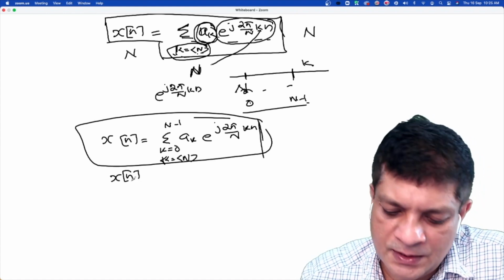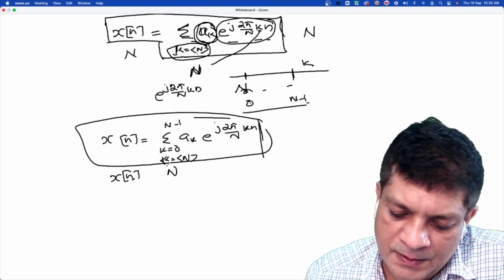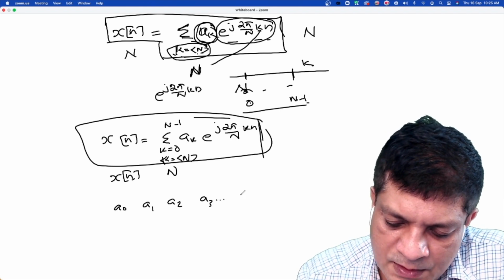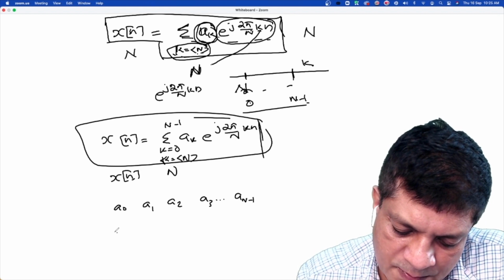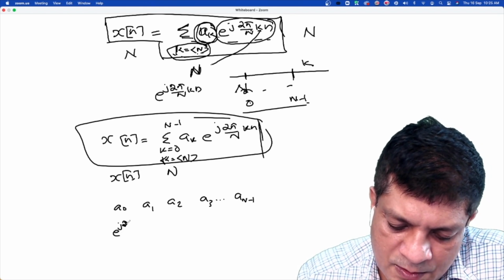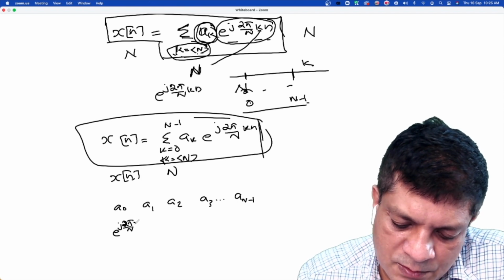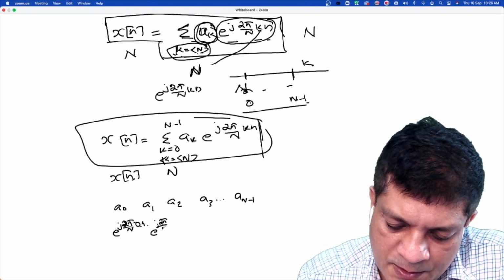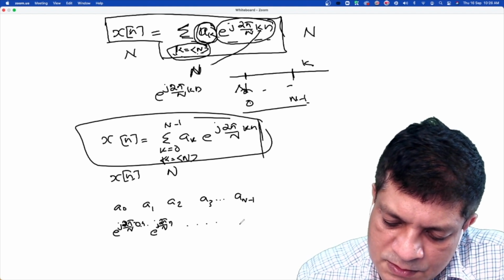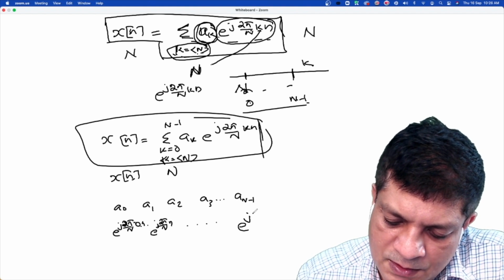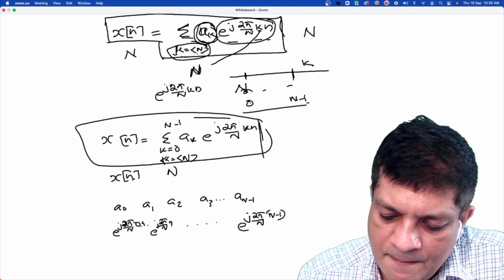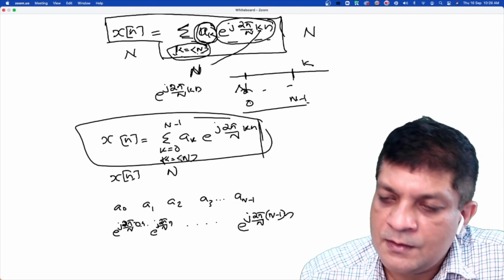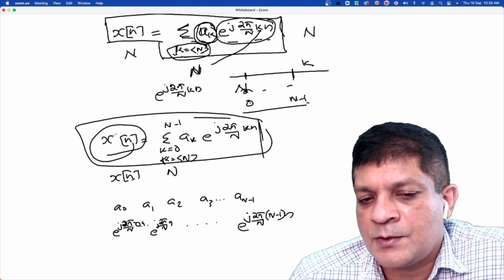We have a periodic signal x[n] with fundamental period N. So we write a0, a1, a2, up to a_(N-1), and a0 is multiplied with e to the power j2π times 0, which is 1, and each of the others is multiplied with its own complex exponential. You find the summation, and you will get the signal. That is the Fourier series representation.